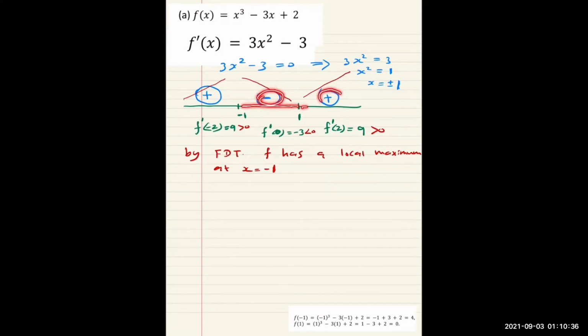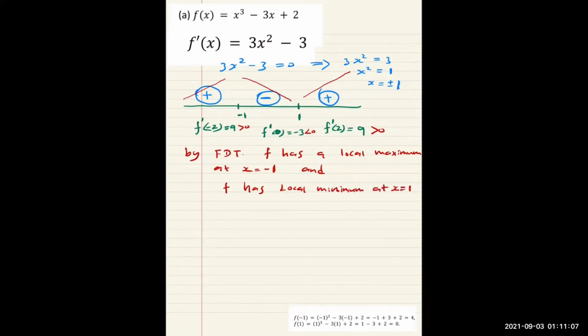In this interval, your derivative is positive. At x is equal to 1, your function is continuous. So we can apply the first derivative test to conclude that we are going to have a local minimum at x is equal to 1. And f has a local minimum at x is equal to 1.